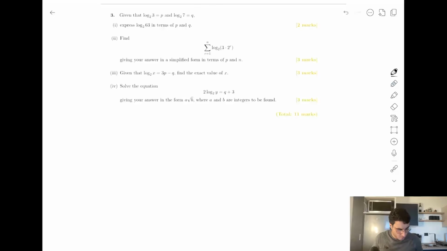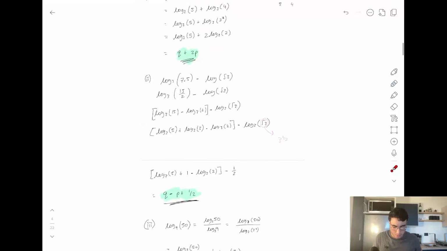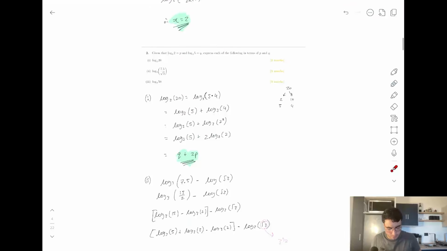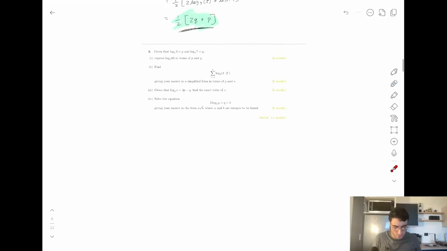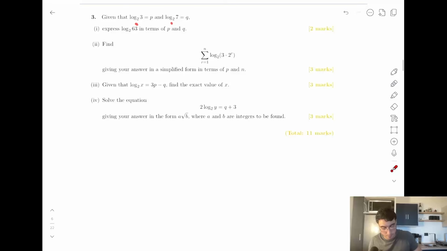Alright, guys, so for number 3i, this is a similar question to what we had before, but in this case we just have some different values to work with. We've got a base of 2 this time. It says express log base 2 of 63 in terms of p and q.